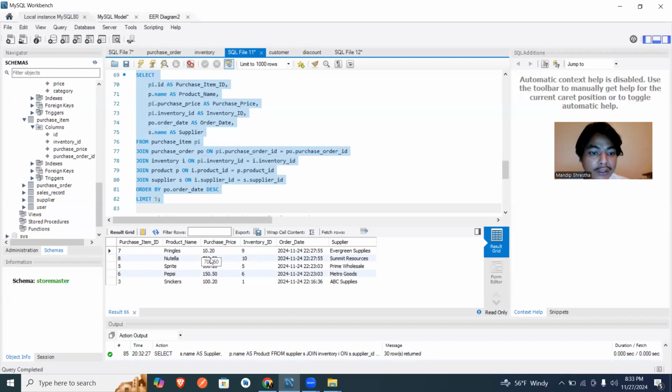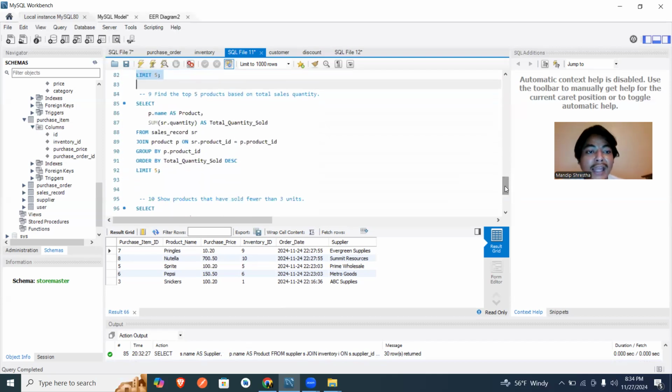Similarly, for Nutella, I ordered $700.50 on the 24th from Summit Resources. For Sprite, I made an $800 purchase on 24th November from Prime Wholesale. Similarly for Pepsi, I did $150.50 on 2024 November at the same time. For the sneakers, I did a $100 per 20 purchase from ABC Supplier on November 24 at 22:16, that is around 10:16 p.m.